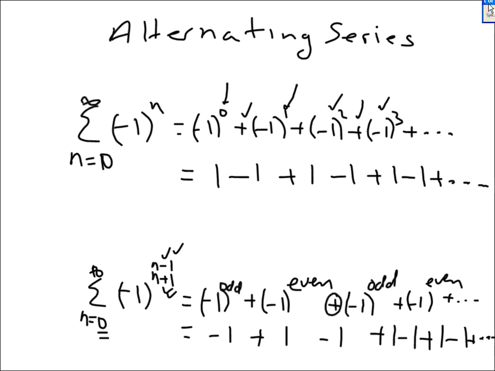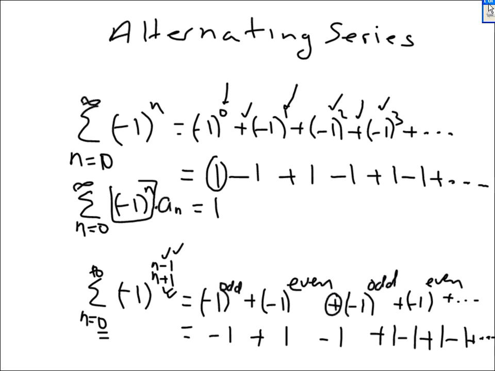Well, what if you have instead the summation as n goes from 0 to infinity, negative 1 to the n times a sub n. So when n is 0, you get negative 1 to the 0, which is 1, times a0.